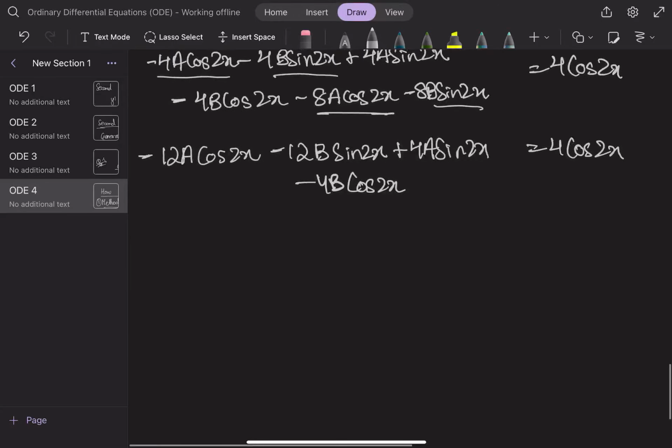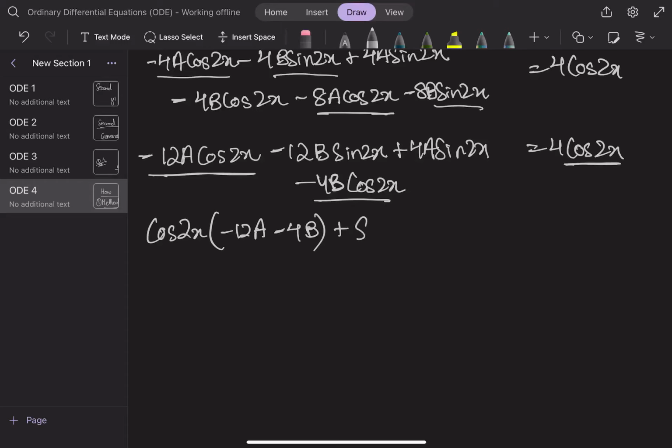Now since we have our RHS in the form of cos 2x, we're going to take cos 2x as common. So we have (minus 12a minus 4b), and let's take sin 2x as common, (minus 12b plus 4a), is equal to 4 cos 2x. So now the coefficient of cos 2x on this side and this side have to be equal.